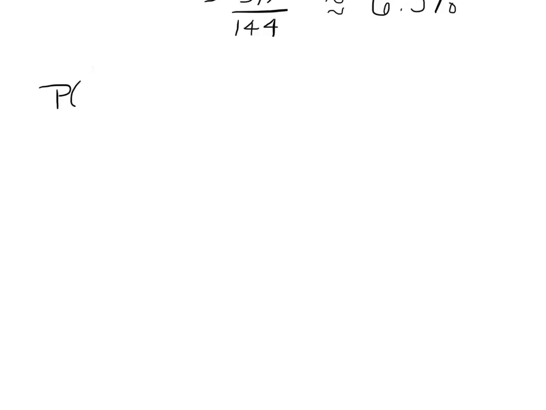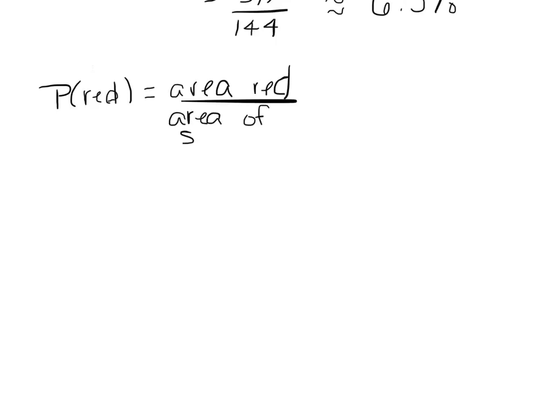So the probability of the red, we don't have to start from the very beginning because we already know that it's going to be area of red over the area of the square. What I mean, we don't have to start from the very beginning. We know the area of the yellow includes the area of the blue.